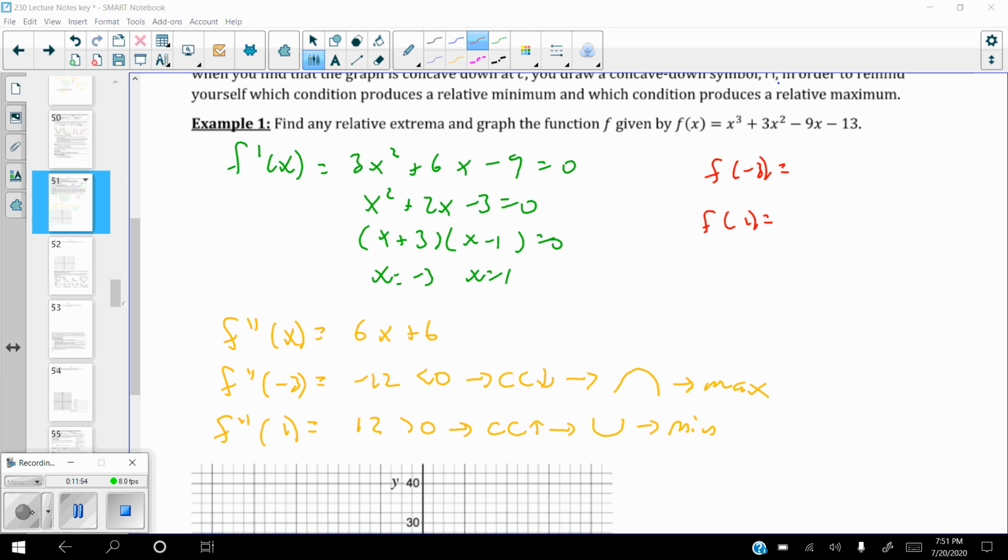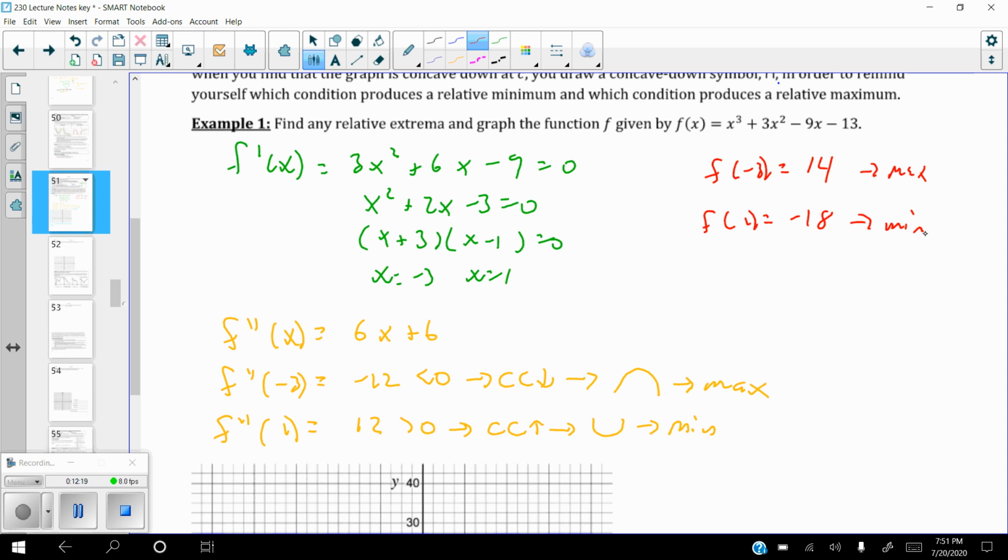So f of -3 is going to equal 14 when you plug that into the original function. F of 1, let's see, 1 plus 3 is 4, minus 9 is -5, minus 13, -18. So now we have our max. This is our local maximum, and this is our local minimum. So we have the points.